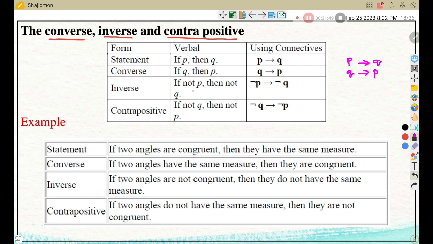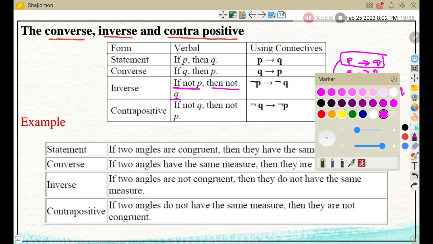Now the inverse. Inverse means if not P then not Q, that means just the negation of the statement. For P gives Q, take the negation of P gives negation of Q. P negation means not P. So if not P then not Q is the inverse of the original statement.